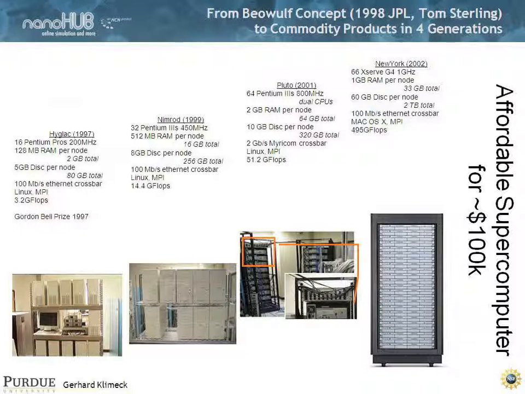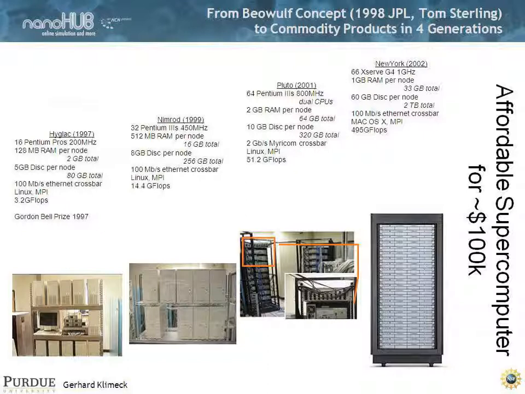So we had Tom Sterling in this group, who had won the Gordon Bell Prize in 1997 with 16 Pentium Pros running at 200 megahertz, 128 meg of RAM, 2 gigabytes in total, 5 gigabytes disk space, on a 100 base T network, and they won the Gordon Bell Prize right that year for the cheapest computing that was available out there and the most performance.